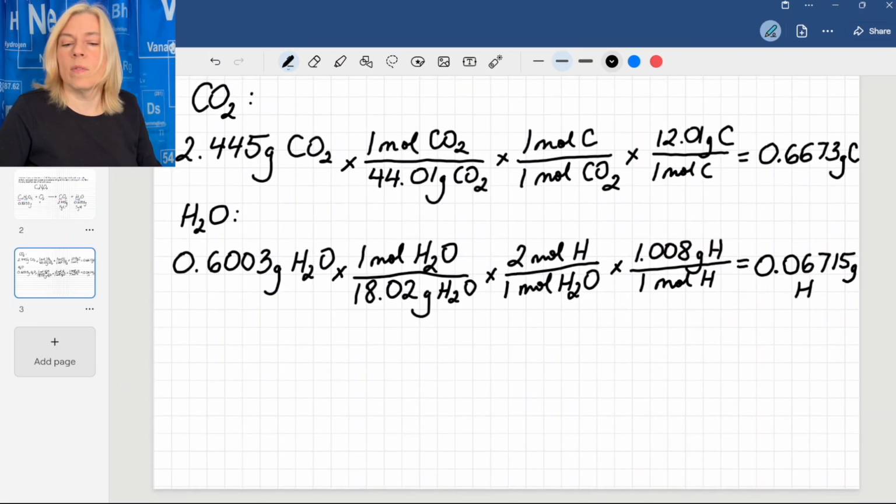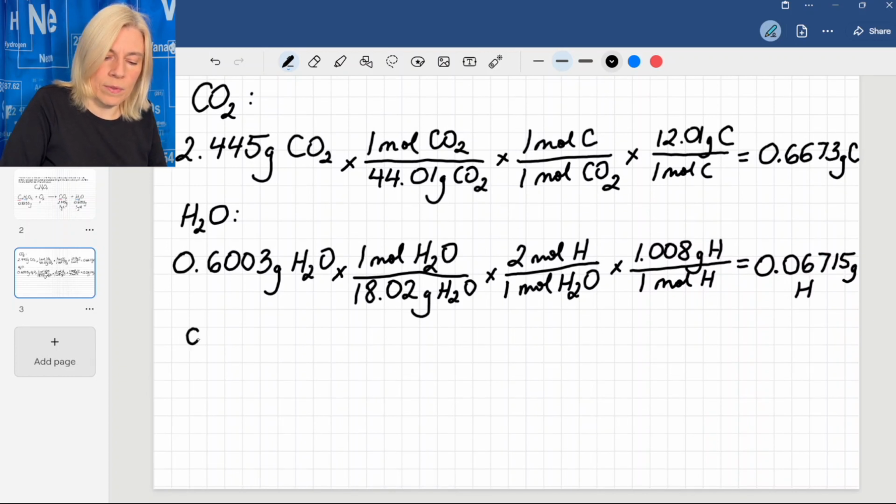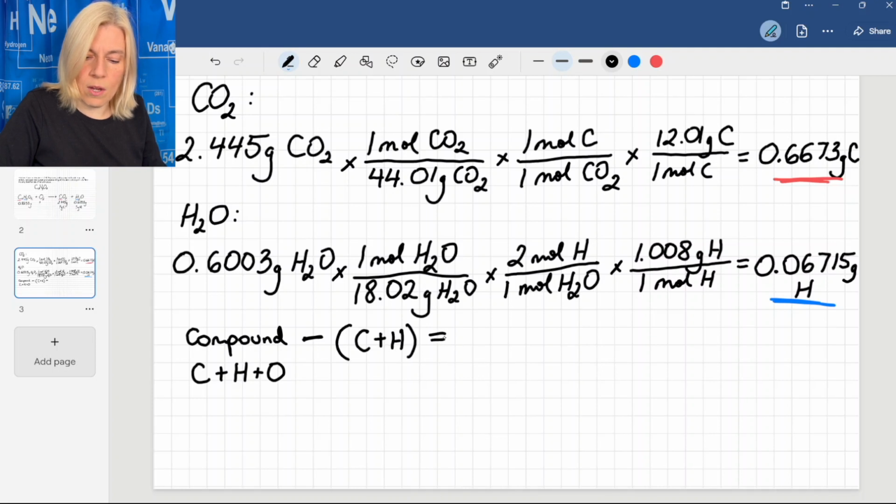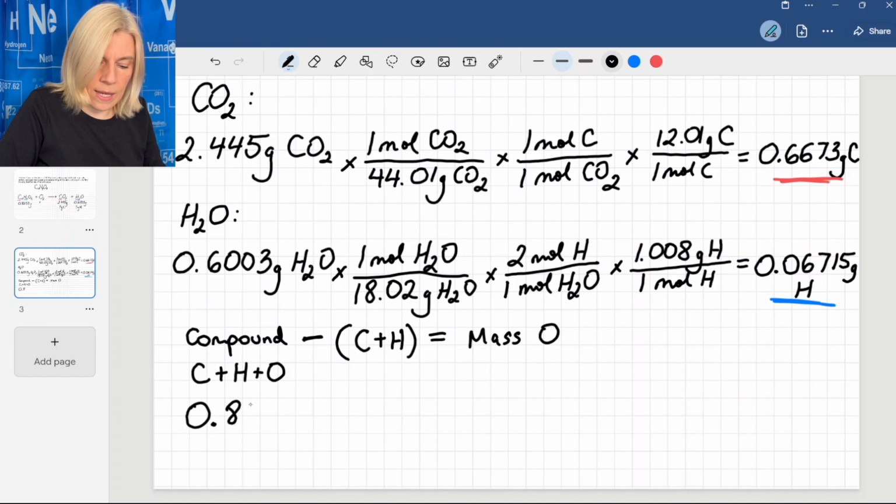Okay, so now let's think of what we have. Our compound has carbon and hydrogen and oxygen in it. Now we know the mass of carbon and we know the mass of hydrogen. So if we take our mass of compound and we subtract the mass of carbon plus hydrogen, we are going to be left with the mass of oxygen, right? So let's do this. Our compound was 0.8233 grams.